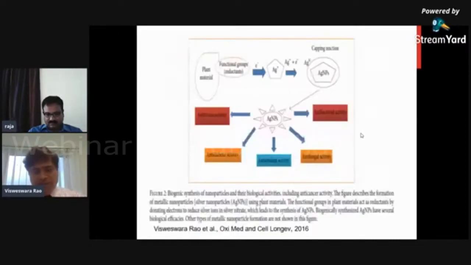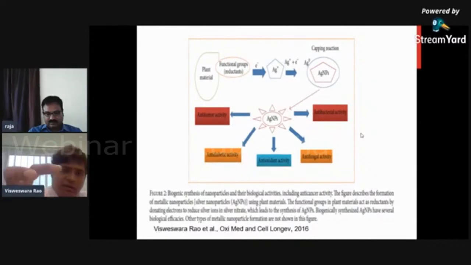In this picture, you can observe, I'm not sure, one of the slides has been lost. Here you can clearly observe plant material with various functional groups, which may be secondary metabolites, polyphenols, flavonoids, terpenoids, which try to reduce the silver ions, since we use silver here, and finally form the bioreduced nanoparticles.